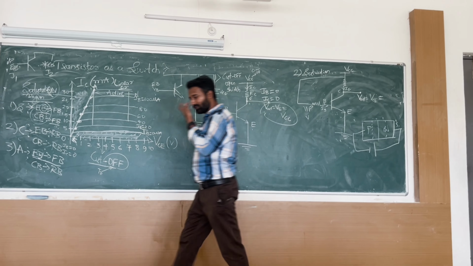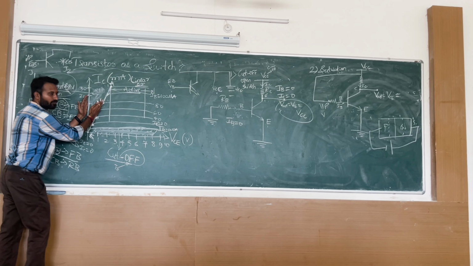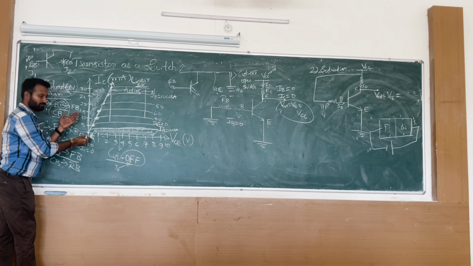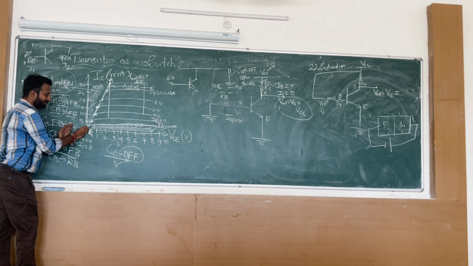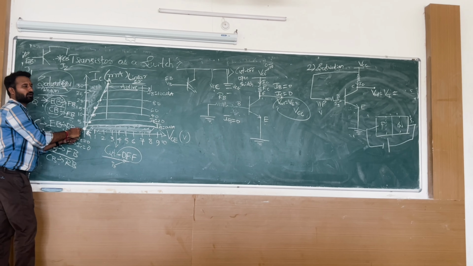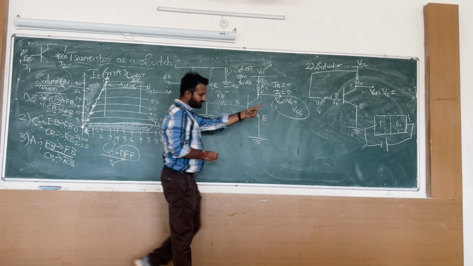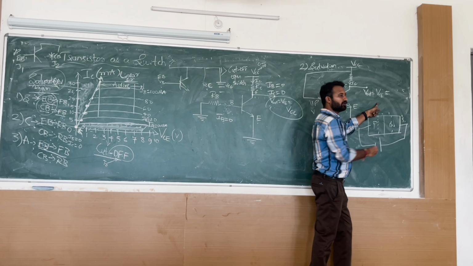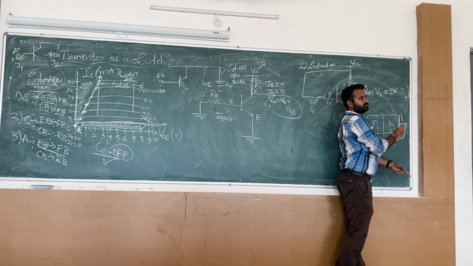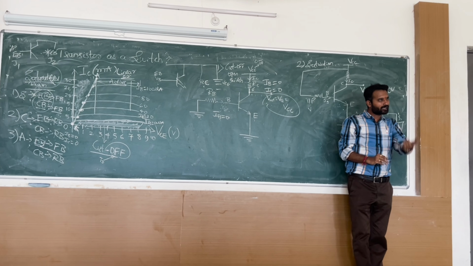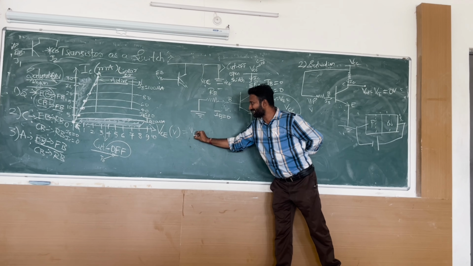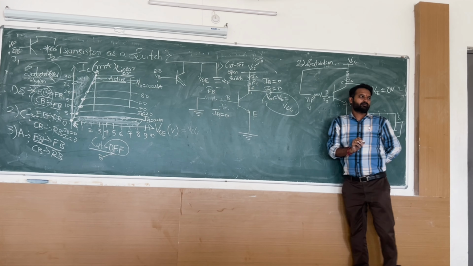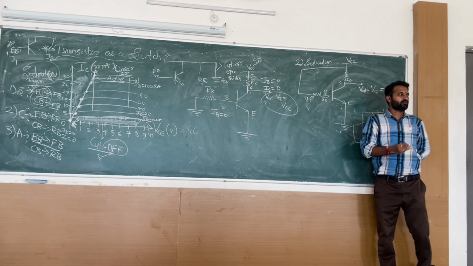Focus here. In this space, what is my VCE? Here it is. In the saturation, VCE is how much? 0. So your output Vout is equal to VCE is equal to 0 volt. Understandable? In the cutoff region, VCE will become VCC, 10 volt, maximum 10 volt.